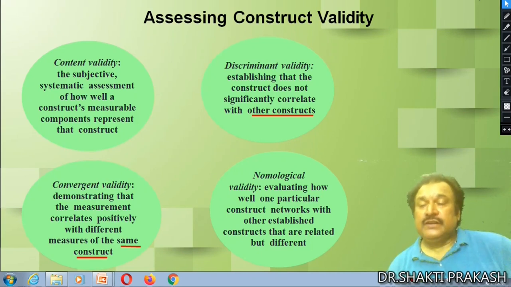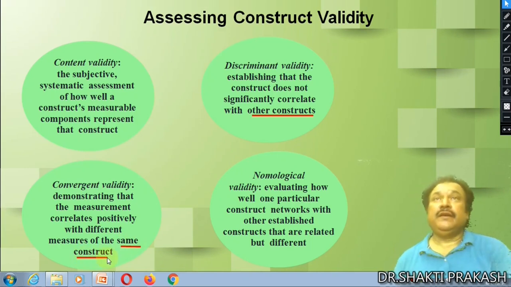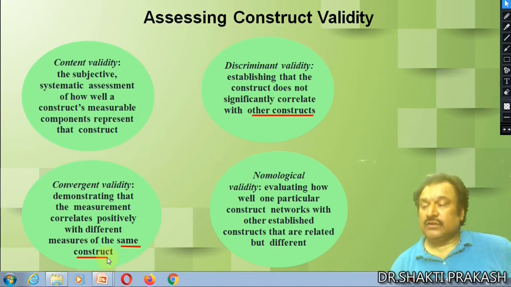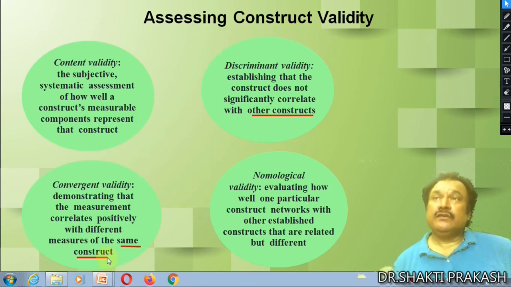What is convergent validity? Convergent validity is mainly concerned with the same type of construct. Within the same type of construct, there should be a high correlation. Suppose one construct is trustworthiness, another construct is knowledge of employees. Trustworthy is one construct.